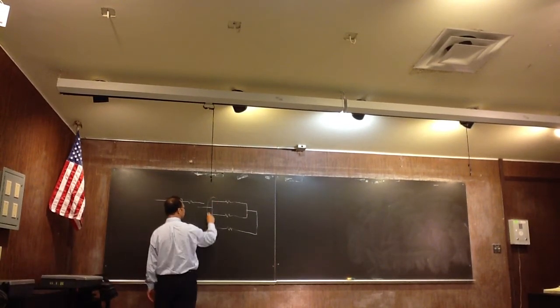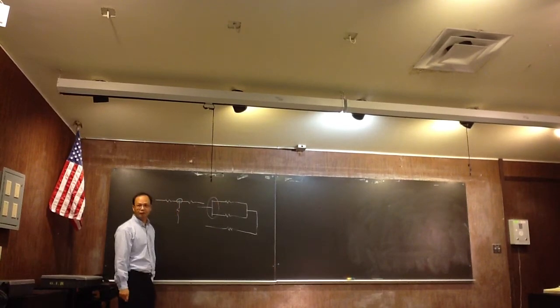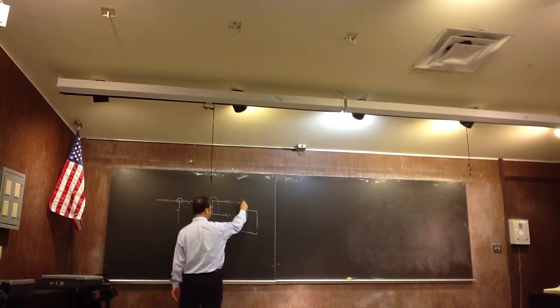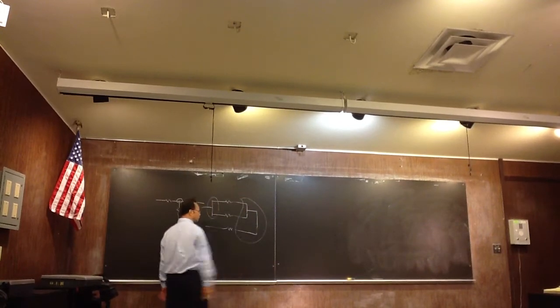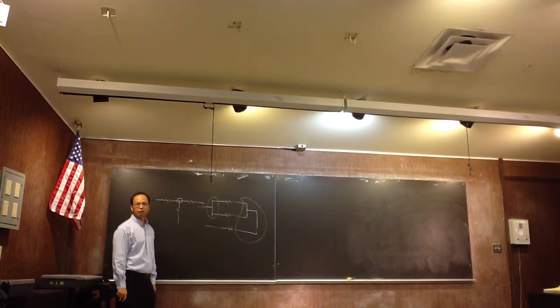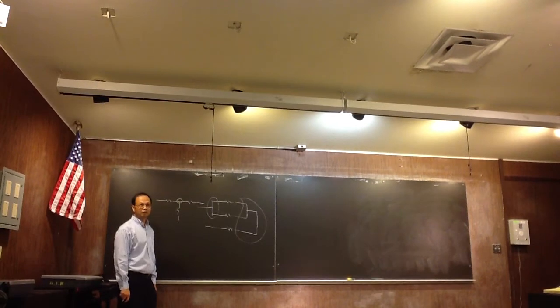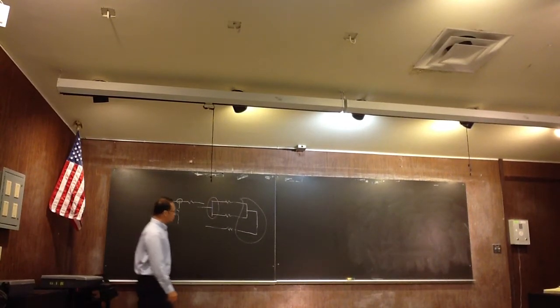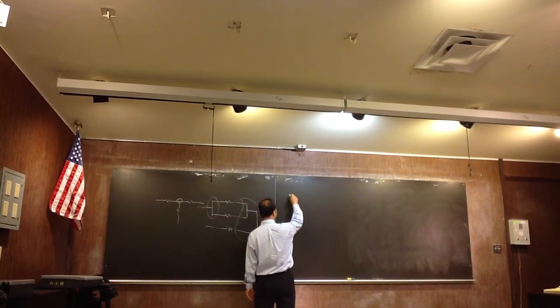This is a single node. The whole thing here is a single node. Correct? Or I can draw it a different way.